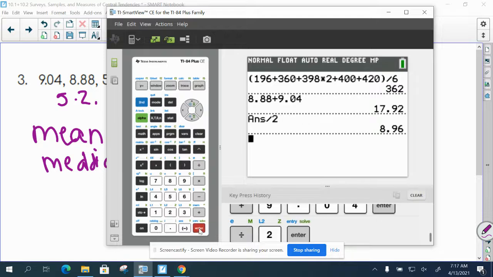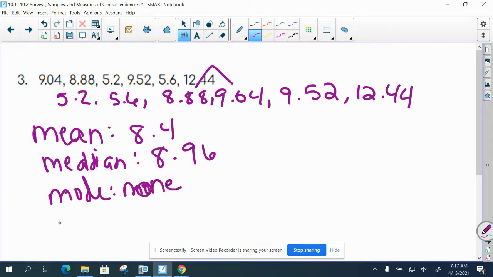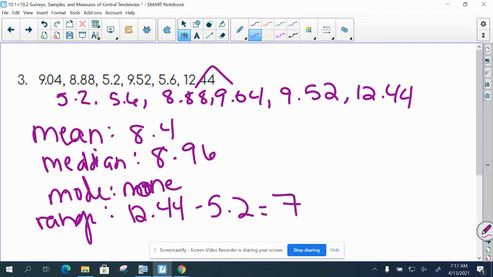Let's take the average. You get 8.96. Your mode, there is none. So there's no mode. And then the range, I would take 12.44 minus 5.2 to get 7.24.